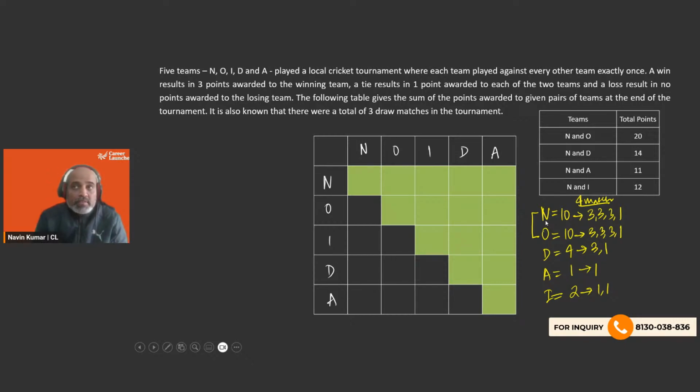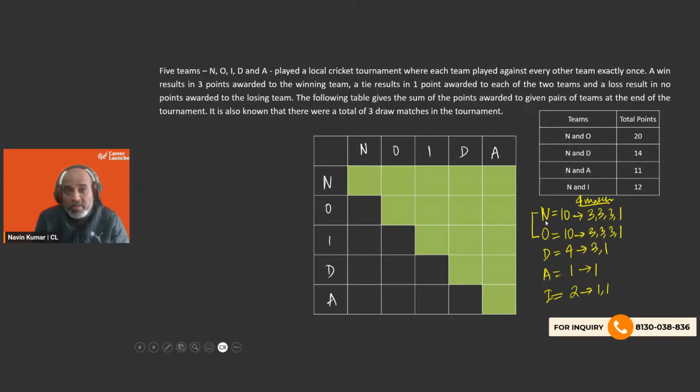So there is also going to be a match between N and O. If the match between N and O results in a win and a loss, then if N won that match, O should lose, but O didn't lose any of the matches. It won 3 of them and there was 1 draw. Same is true for N. Vice versa, if O won that match, then N should lose. But N has played 4 matches and did not lose any of them.